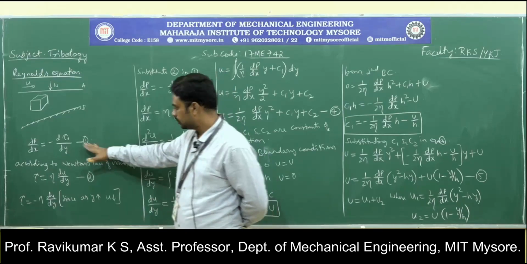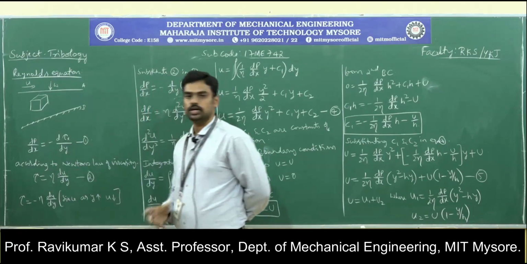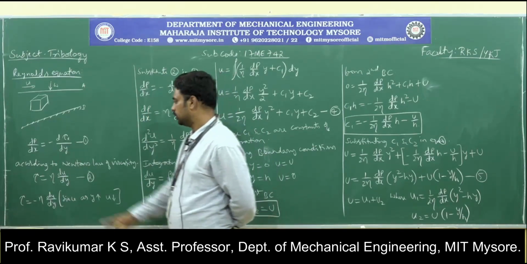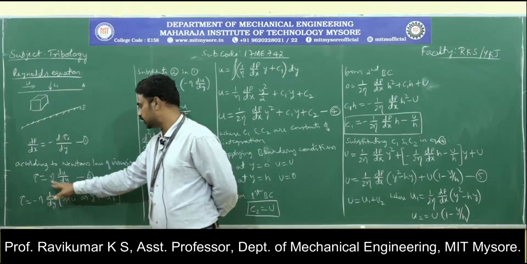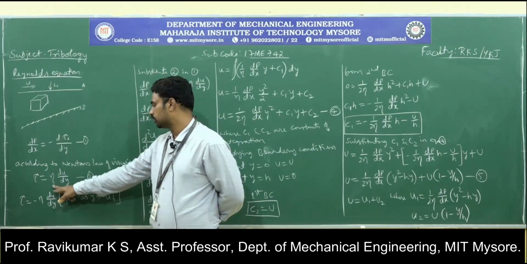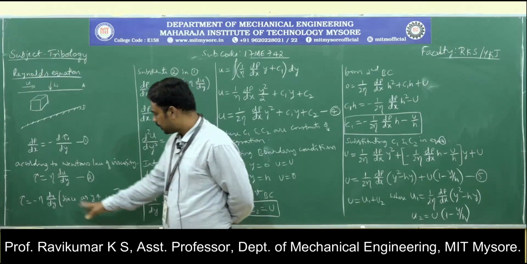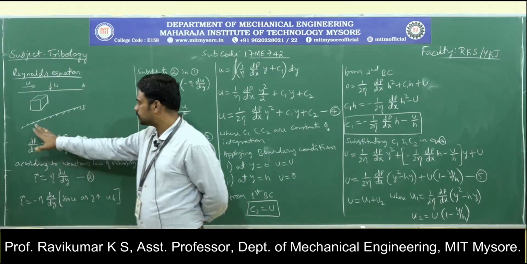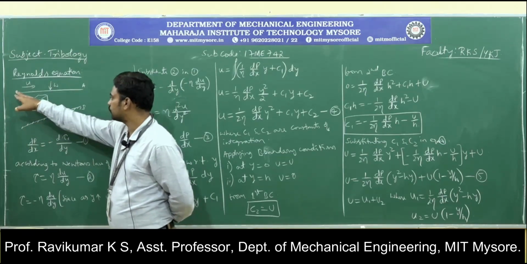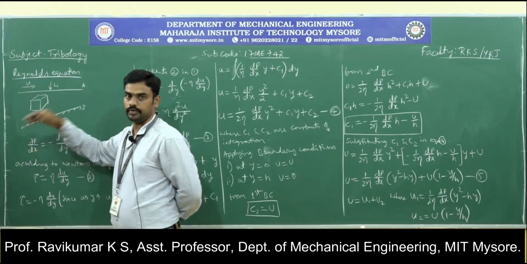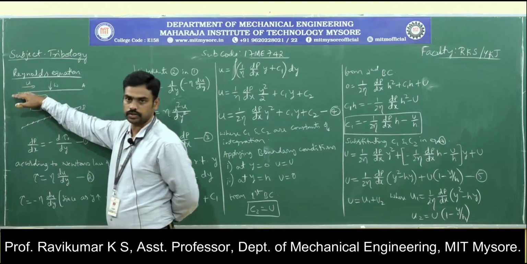I will start with this one now. According to Newton's law of viscosity, we know that the shear stress tau is equal to mu into du by dy. But here, if you observe, as y increases from this point to this point, the velocity is going to decrease.